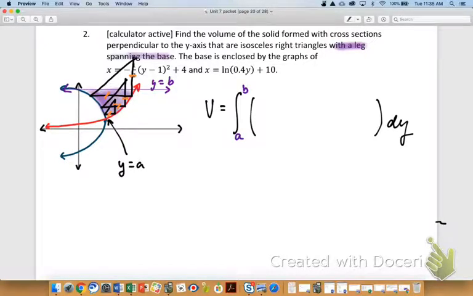And then what do you think my integrand would look like? 1/2 BH, that's right. And we're going to adapt this a little bit because with this, the way these triangles are arranged, isn't the base the same as the height? So I could just write this, I suppose, base squared or height squared, depending on how you want to word that.